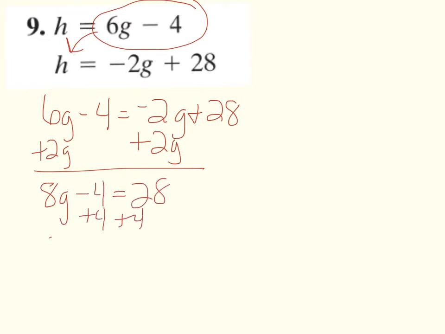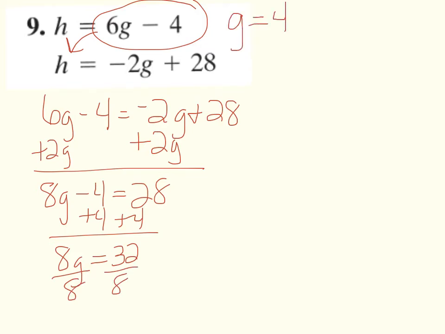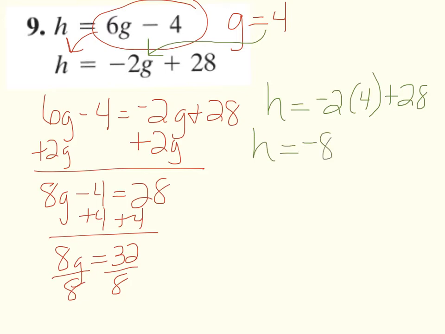Add 4 to both sides. 8g equals 32. Divide by 8. So g equals 4. I'm going to take that value, g equals 4, and plug it in right here to solve for h. h equals negative 2 times 4 plus 28. h equals negative 8 plus 28.